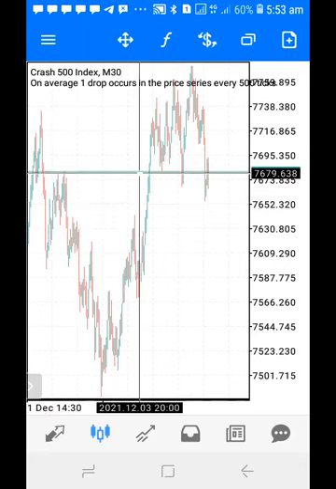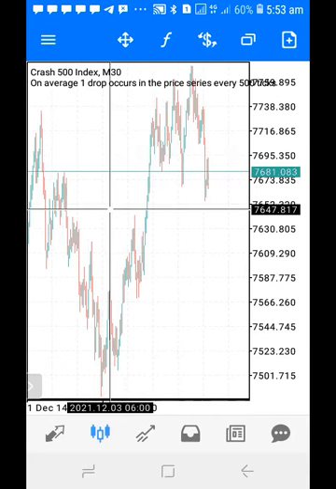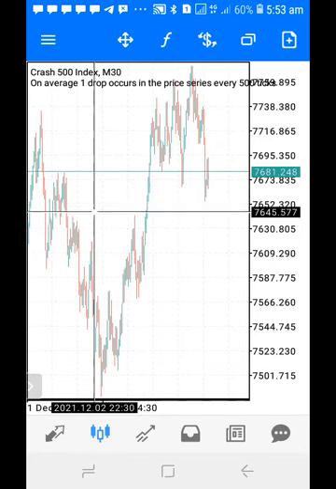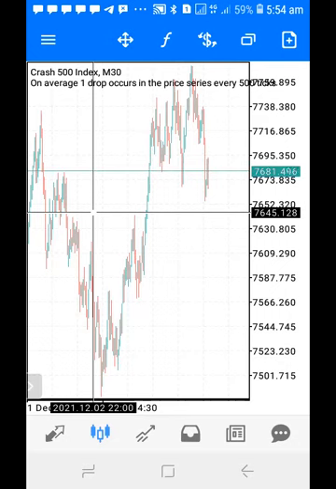I'm expecting it to drop, so I want to place a trade here. Obviously I'll be giving stop loss, take profit and everything. That is the price I'm expecting the trade to activate, 76.45.1. So now I'm having my SL at the top.